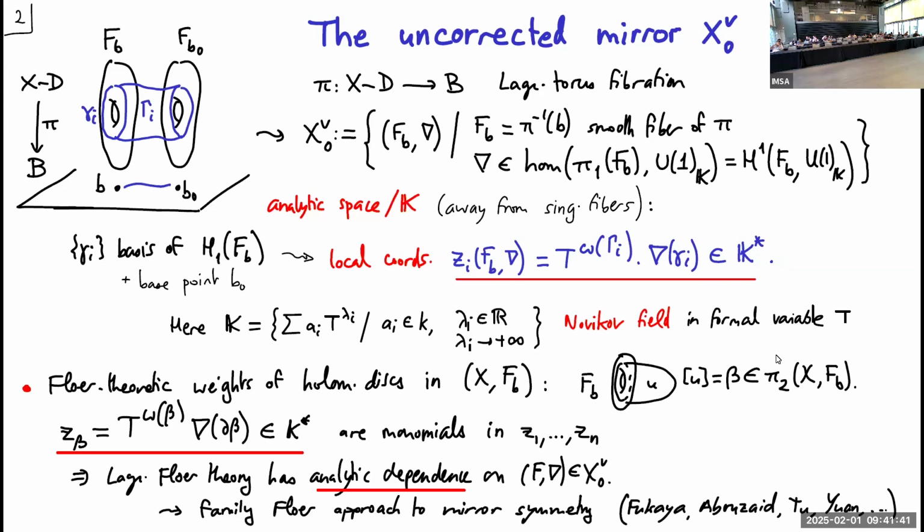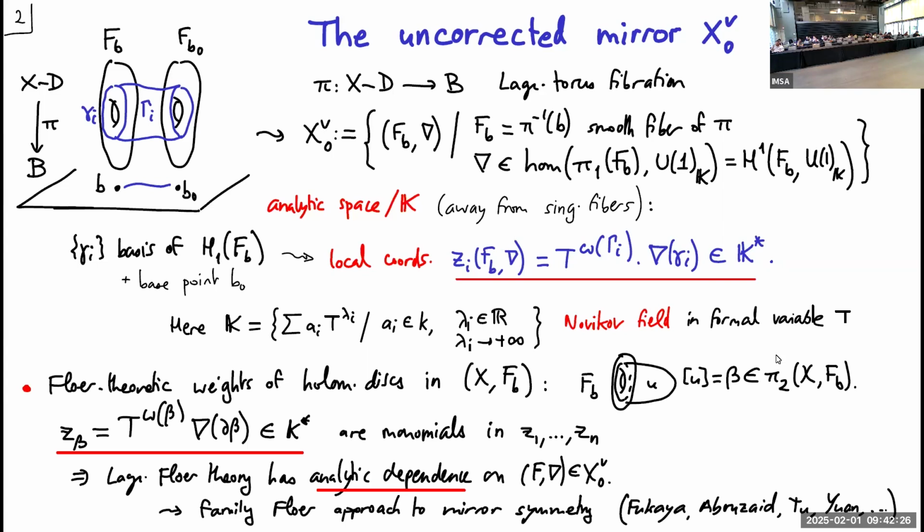So when we have now a fiber of our Lagrangian fibration and a local system on it, we can combine the information from the position of the point b in the base of the fibration and the local system into a collection of local coordinates, which I will call z_i. If I choose a basis of the homology of the fiber, for each loop gamma_i in my basis, I can define the local coordinate z_i by taking, first of all, the amount of symplectic area between some reference fiber and the fiber I'm at.